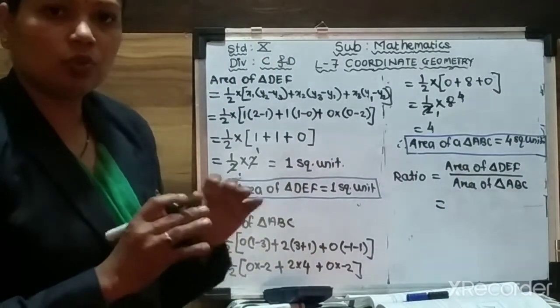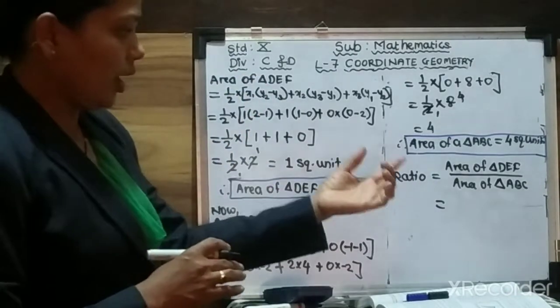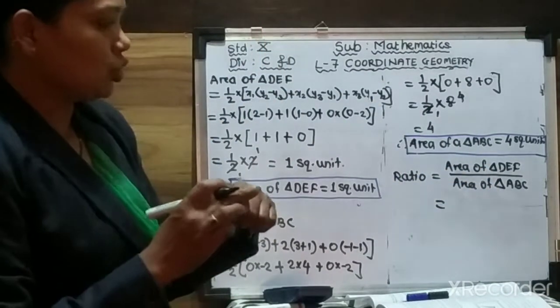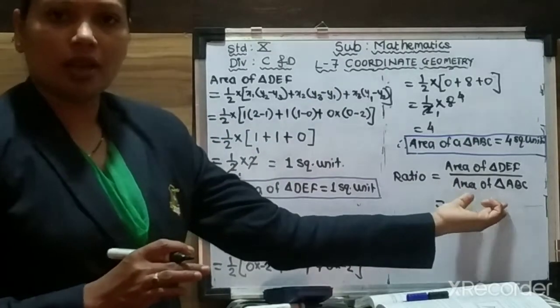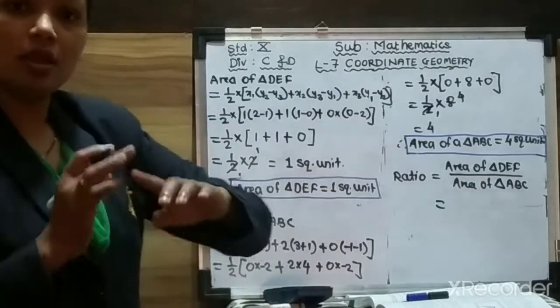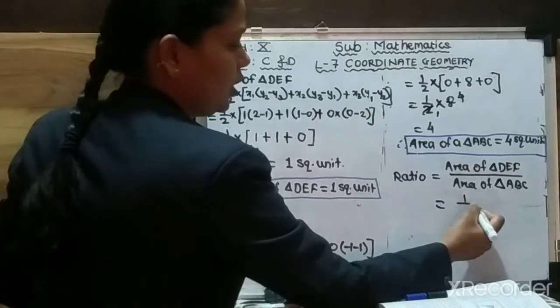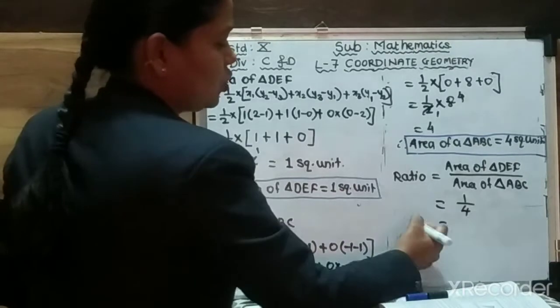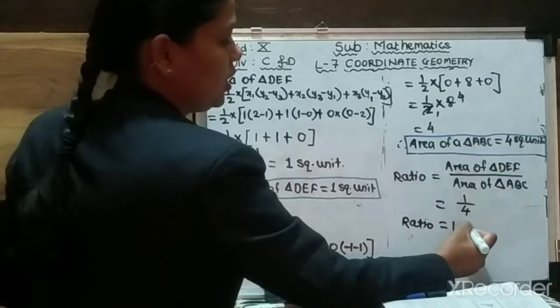Because in the question it is given, find the ratio of the triangle formed by joining the midpoints to the area of the given triangle. So the given triangle was our triangle ABC, that's why. So area of triangle DEF we got 1 square unit and area of triangle ABC we got 4 square units. So therefore ratio equals 1:4.